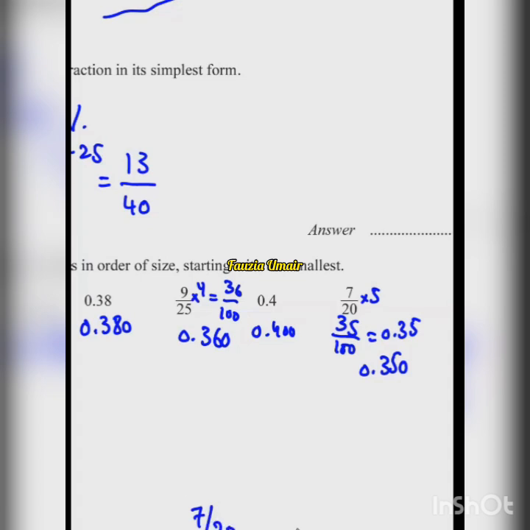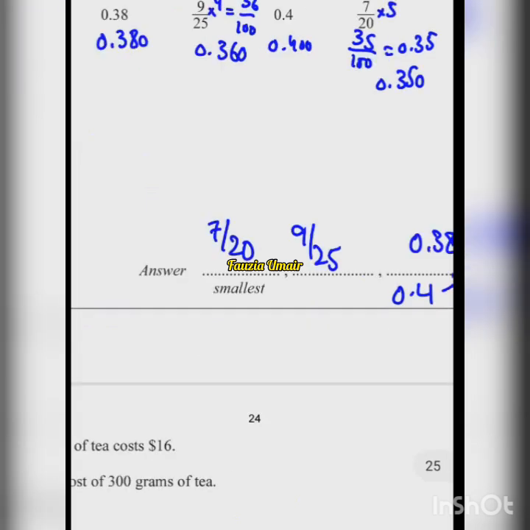Then it is 9/25, which is 0.36. Then next would be 0.38. And then last would be 0.4. Okay. I hope this is clear. This is a basic level question.